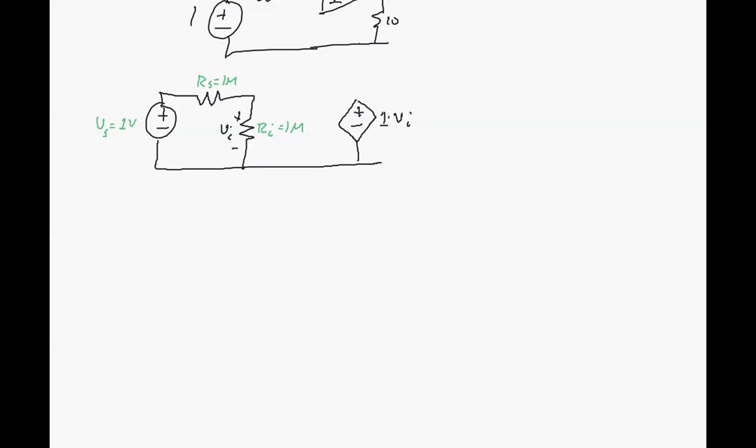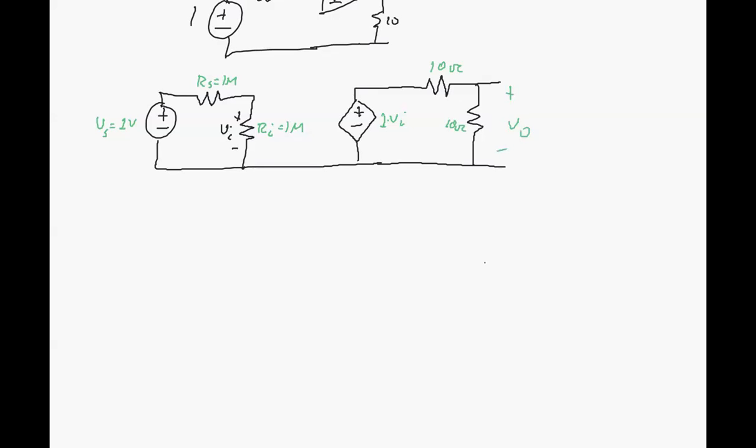And we might have an output resistance of 10 ohms on this amplifier if we matched the output. So we have a 10 ohm there and 10 ohms here. And we have V out there.